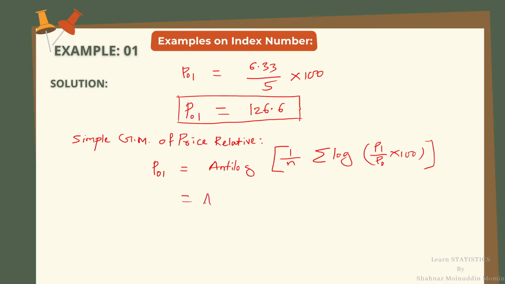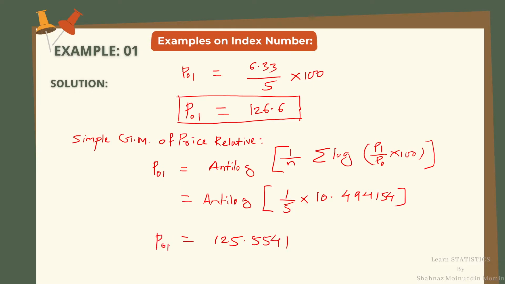By putting the values in the formula, 1 upon 5, since we are given 5 commodities, the summation of log of P1 by P0 into 100 is 10.494154, which is equal to, by taking the anti-log, 125.5541. This is the simple geometric mean of price relative.